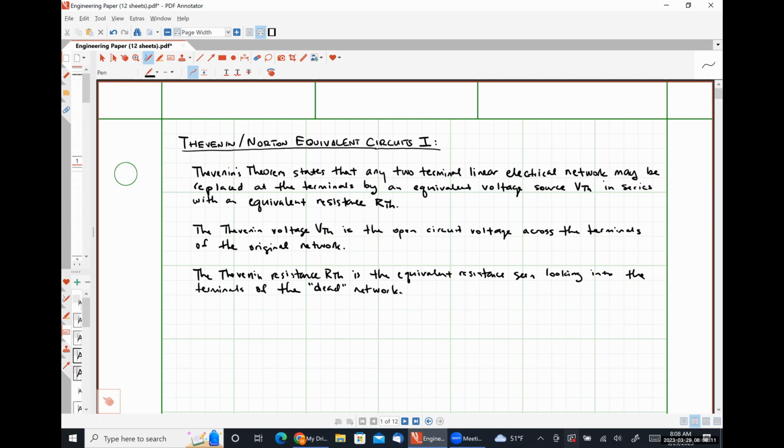The term dead network simply means that all of the independent voltage and current sources are turned off. So you're only looking at the resistances of the network.